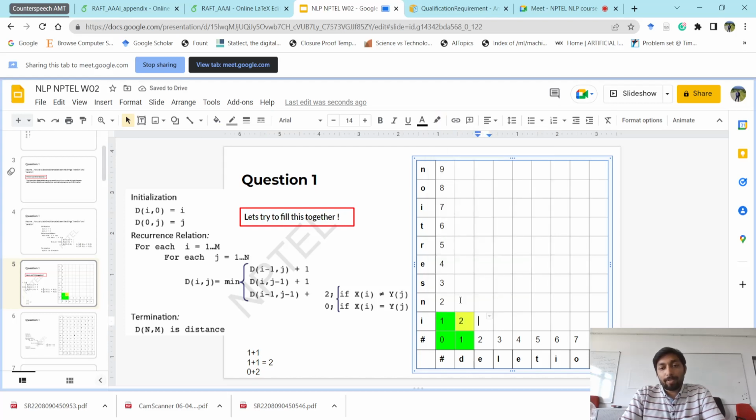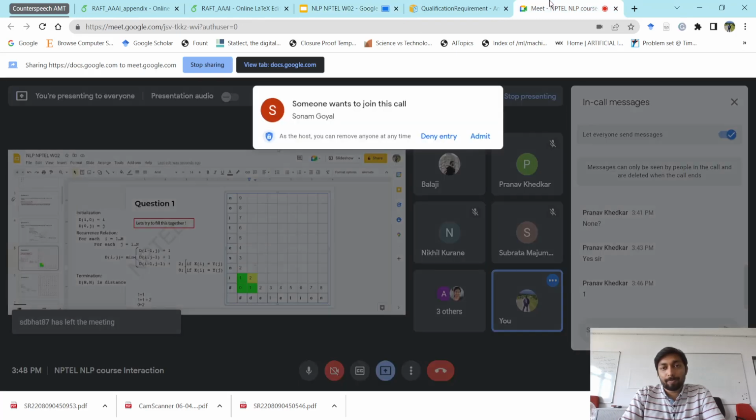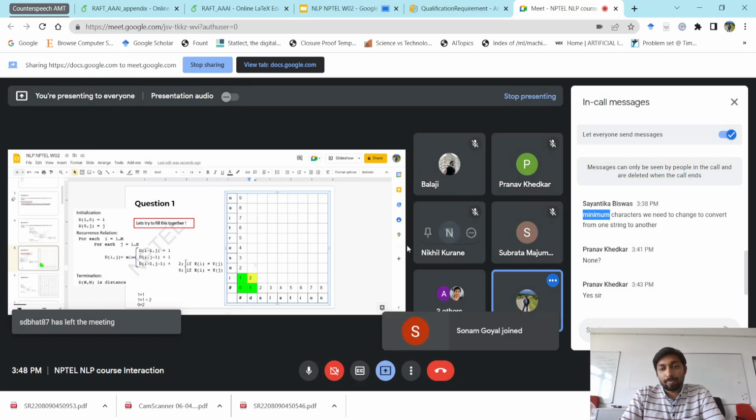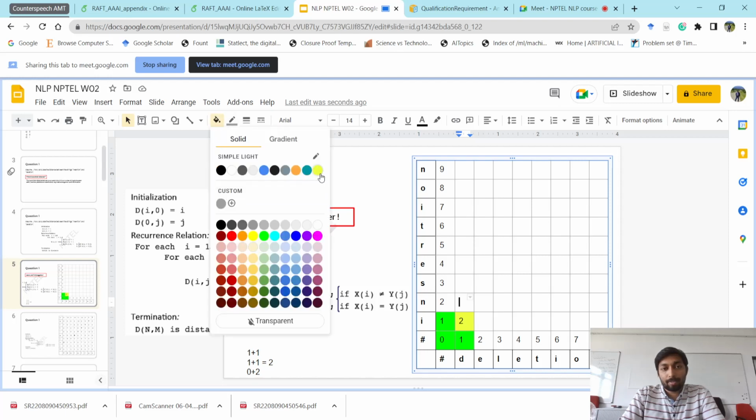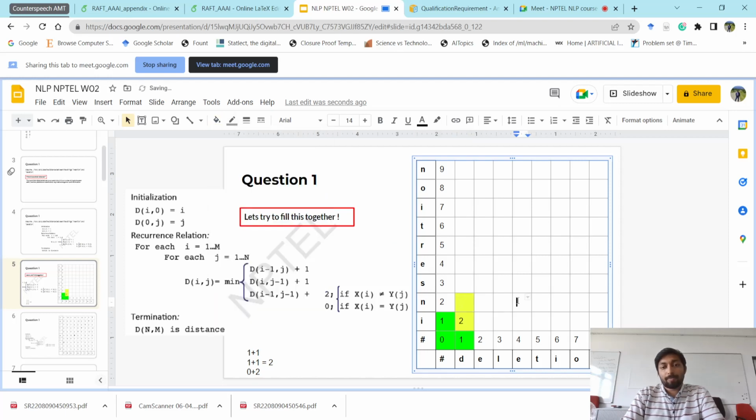Now let us try to fill this cell. So who can tell what will be the value? Next we are trying to fill this cell. So let me color it. Please write what will be the value for this cell.